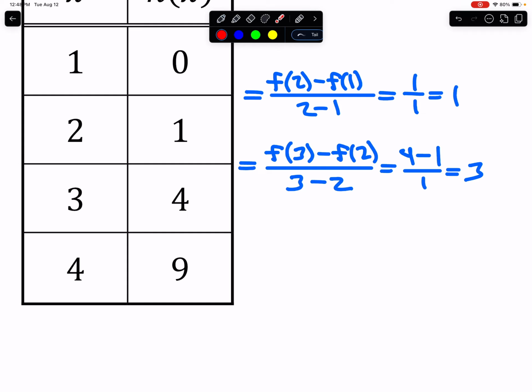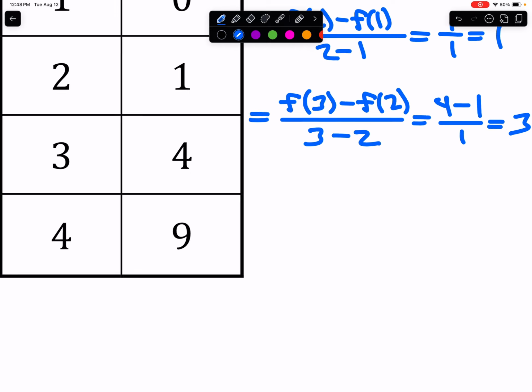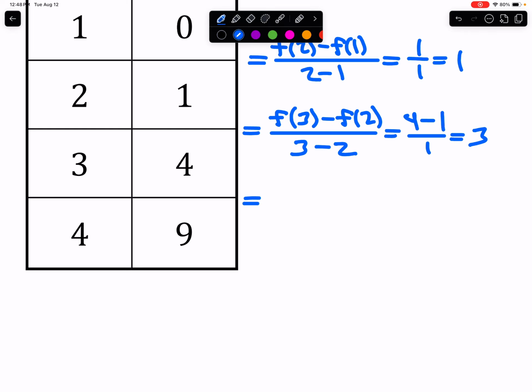Okay, looking at this so far, I have 1 and I have 3 for my average rates of change. So what this tells me is because they're not the same, it can't be linear, but I do see that it's increasing. So that tells me it's nonlinear. Now we want to see if it's going to increase at the same rate, which would make it quadratic. So now I'm going to do f of 4 minus f of 3 over 4 minus 3.